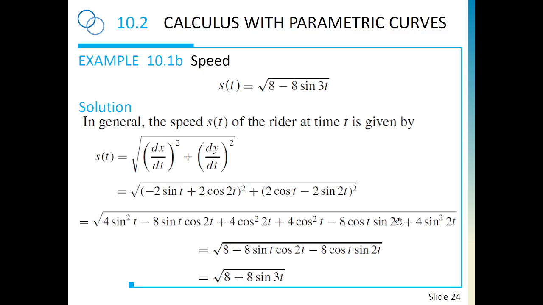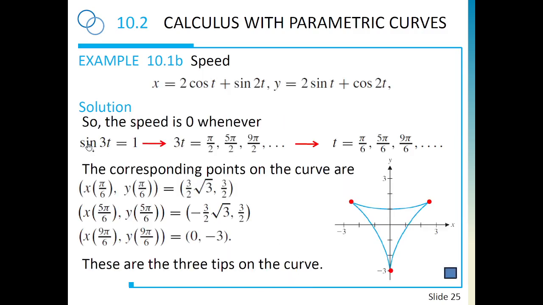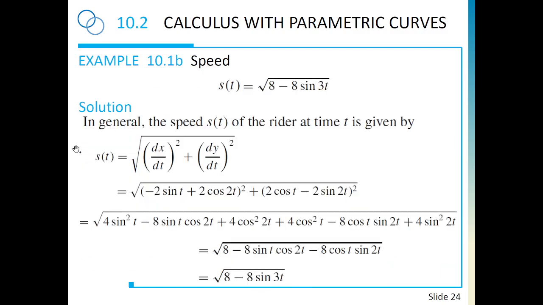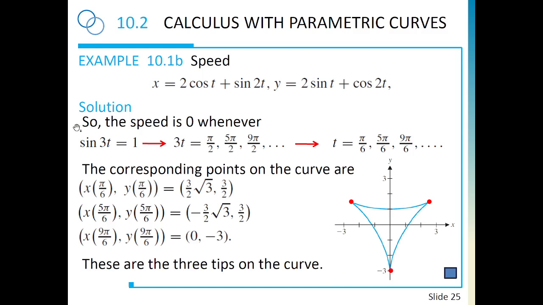So you see the computation can take a while to process in order to find an expression for the speed. So it's this radical here. So now we need to find all the values of t for which this radical here is 0. So that's again a little bit longer. So basically we need to find all t such that 1 - sin 3t is equal to 0. So sin 3t needs to be equal to 1.